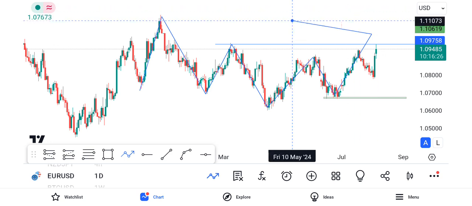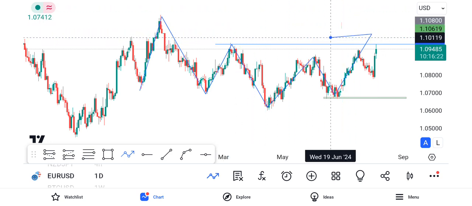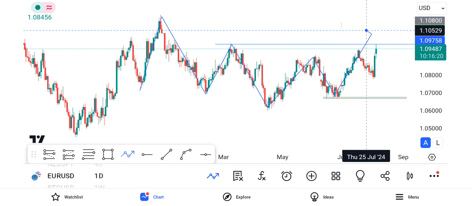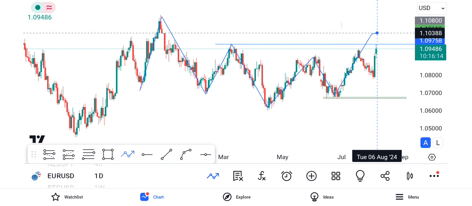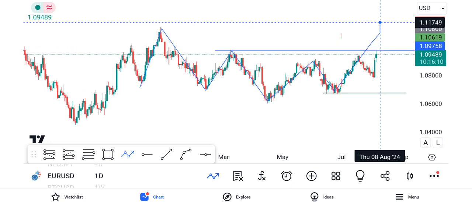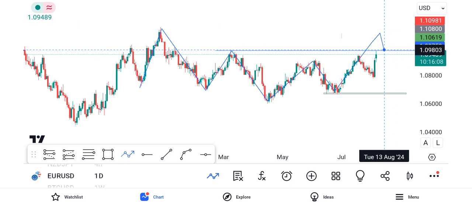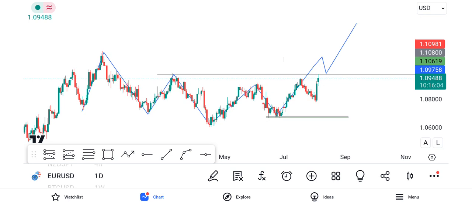Until then, this bullish trend, or bullish change in trend, is confirmed. Then we're 100% sure that this price wants to start going higher, and then we wait for a retest. Then we start looking for buys.